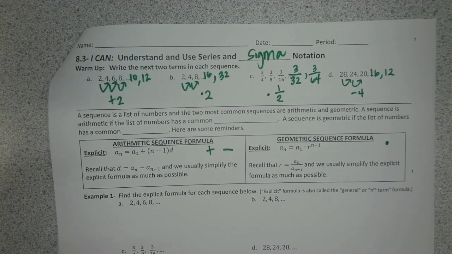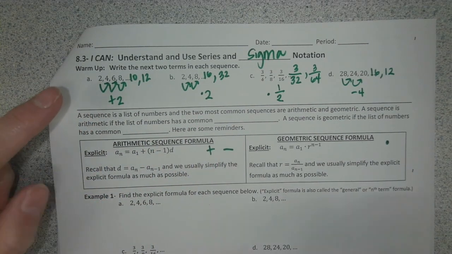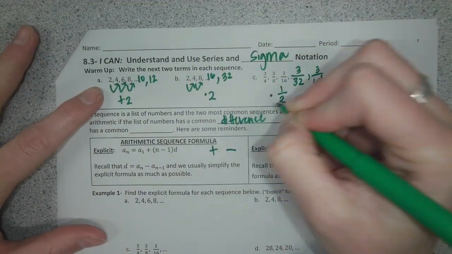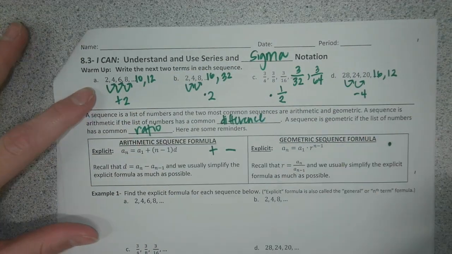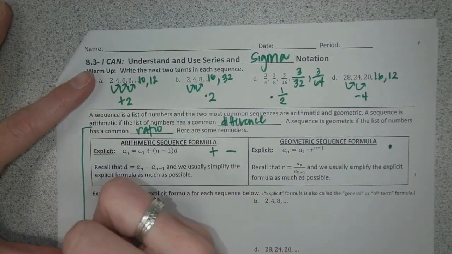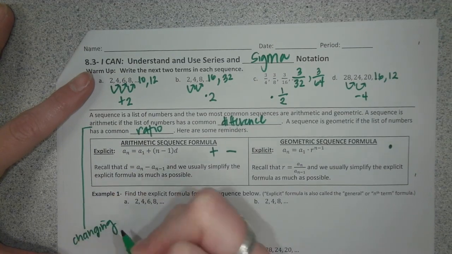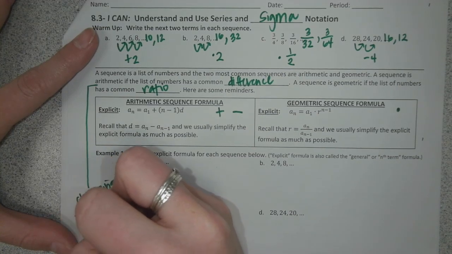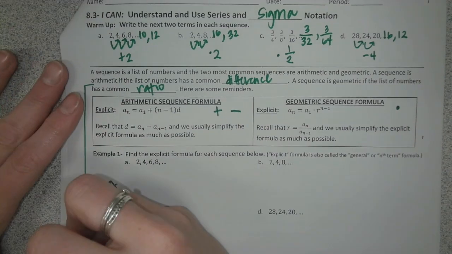Now of the two, there is a change every single time, and for arithmetic, we call that the common difference. And for geometric, we call that the common ratio. So again, these are how much it's changing each time. Okay, and it should be a constant change.